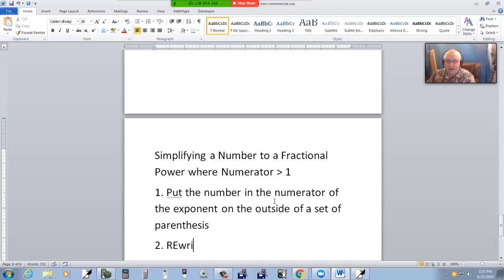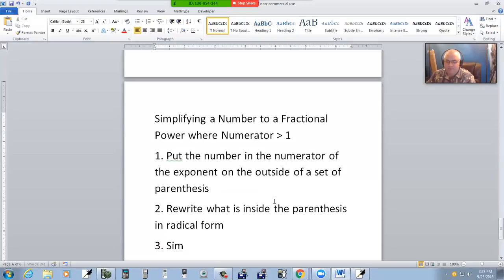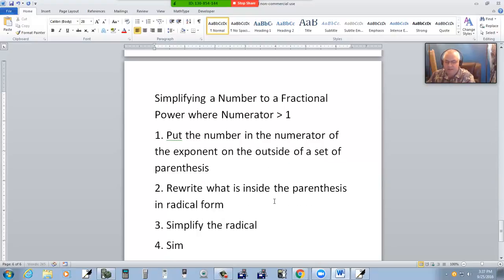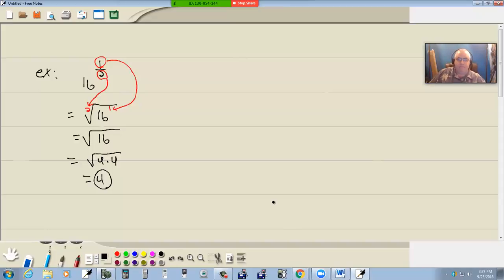Step 2, rewrite what is inside the parentheses in radical form. Step 3, simplify the radical. Step 4, simplify what's left. And what I'm talking about there is if you had something like this, 8 to the 2/3 power. That's different than this previous problem because we don't have a 1 up in the numerator of the exponent.